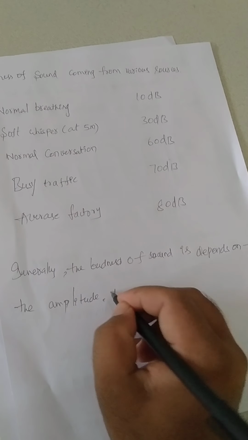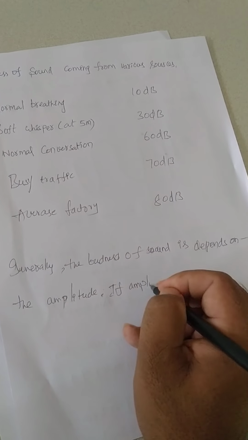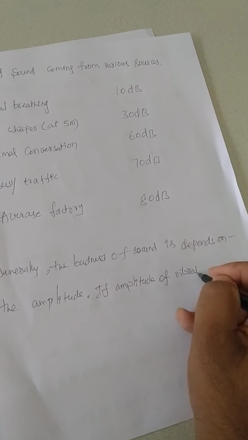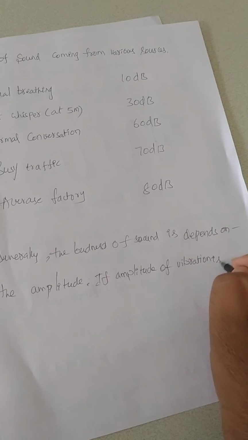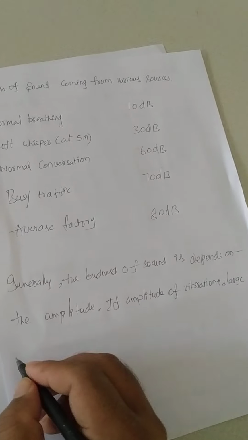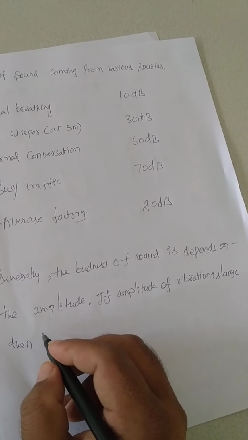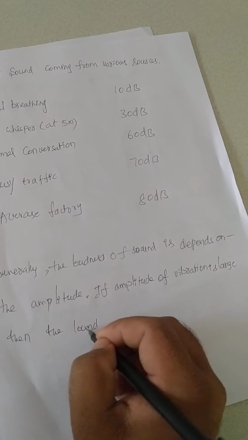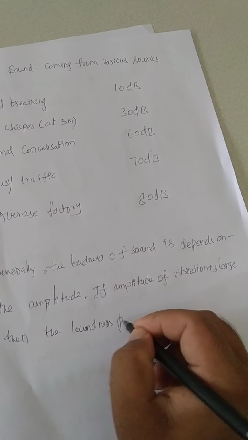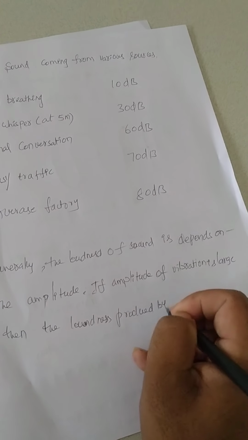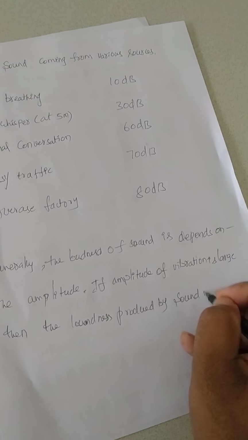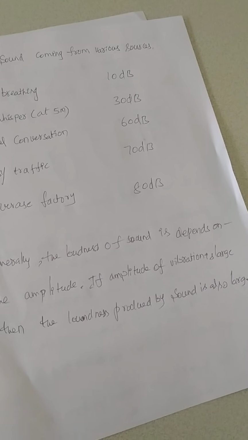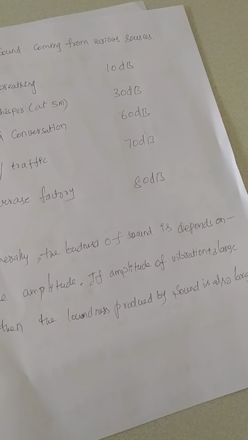Already I told, loudness of sound is directly proportional to the square of its amplitude. So it means if the amplitude of vibration is large, then the loudness produced by sound is also large.